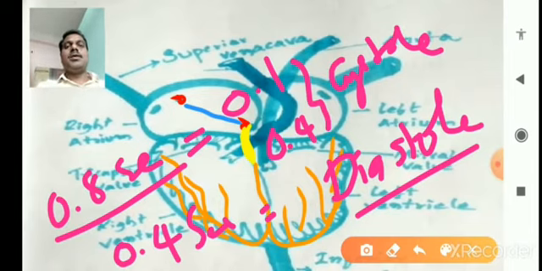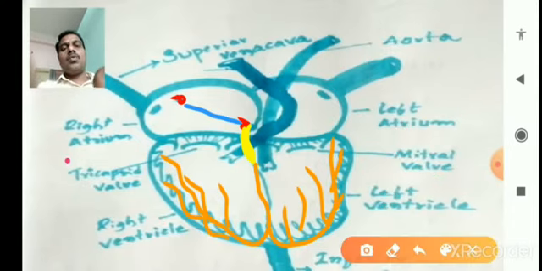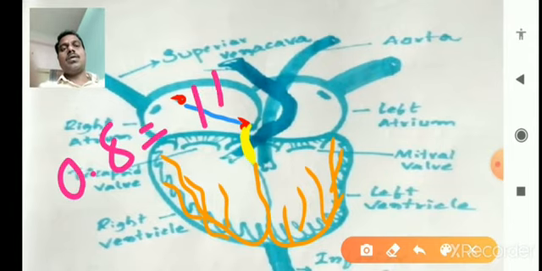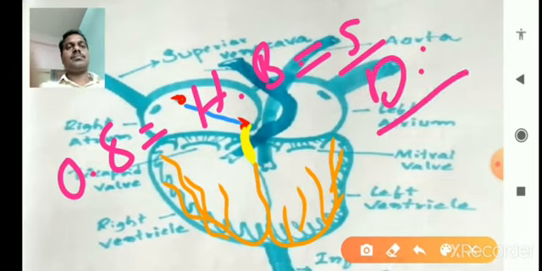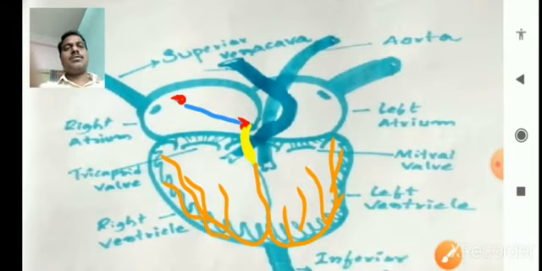One heartbeat is completed in 0.8 seconds. So the 0.8 seconds is equal to systole plus diastole. Systole is 0.5 seconds present in the heart, and 0.4 seconds in diastole, so total 0.8, right?